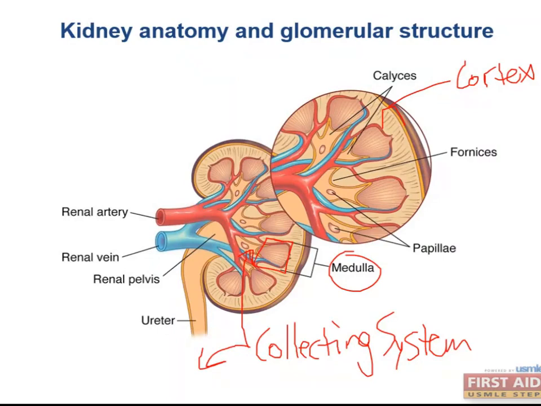The medulla consists of the renal pyramids and columns. So this is a pyramid, and in between this area here is a renal column. While the renal cortex consists of the parenchyma above the medulla. Think of it like an orange, where the fruit inside is the medulla and the orange peel is the cortex.